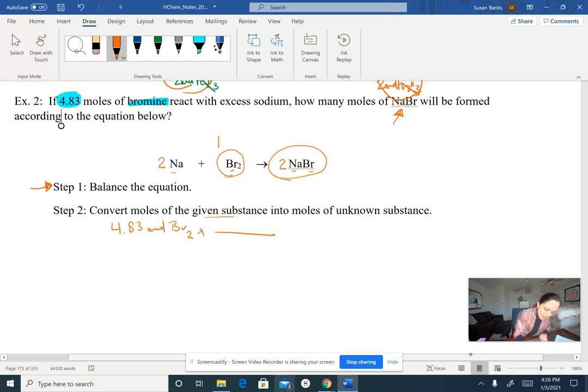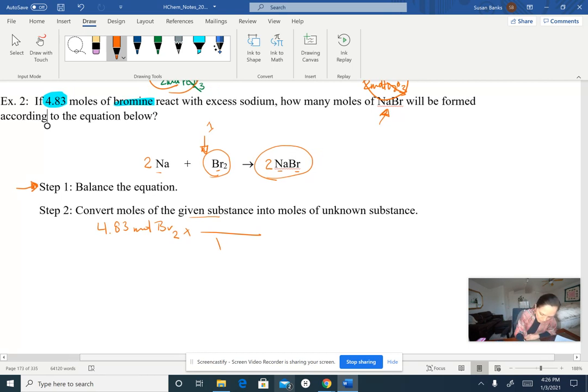Remember, if there is not a coefficient listed, that coefficient of 1 is assumed. Okay? So I have 1 mole of bromine reacting to produce 2 moles of sodium bromide. Okay, my moles of bromine cancel out.